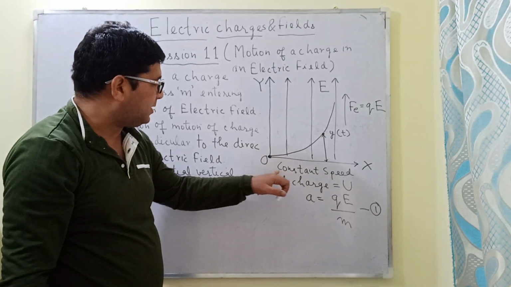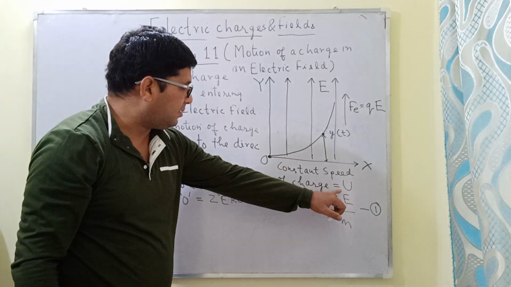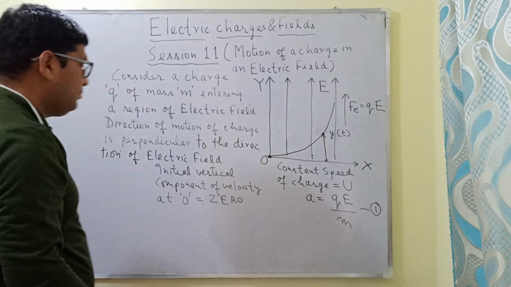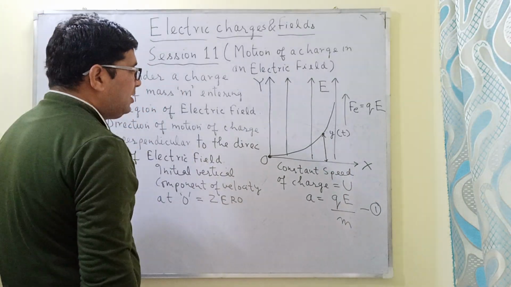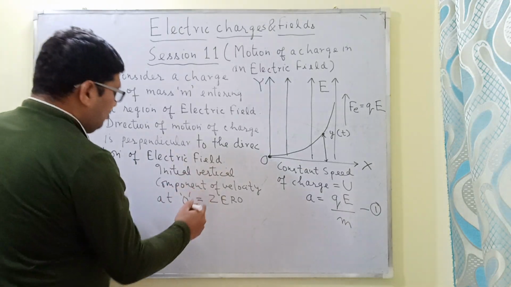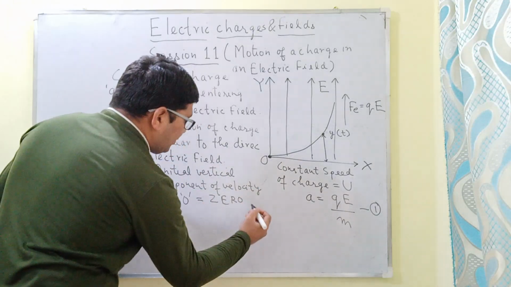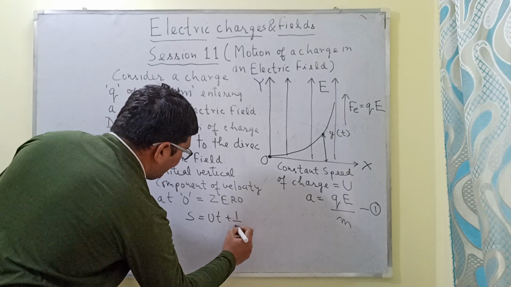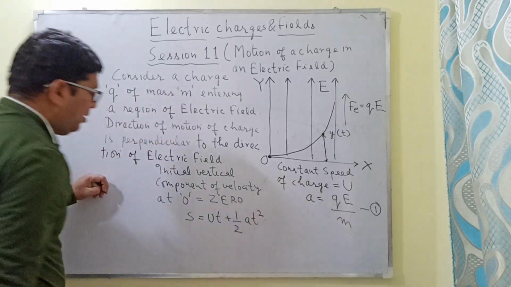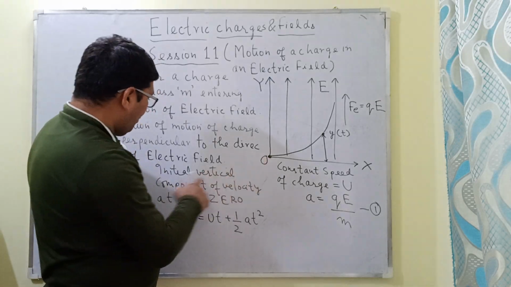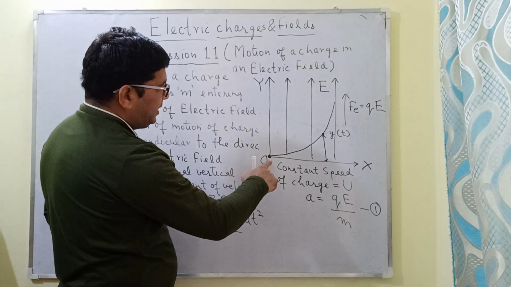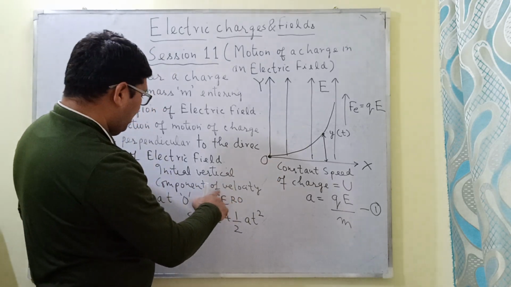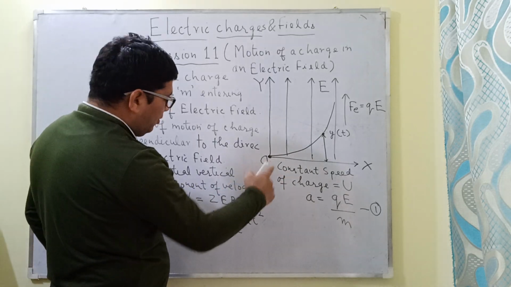The horizontal component, that is, it is moving at a constant speed, is equal to u, and this is the speed in the x direction. So I will now be using the equation of motion. There are three equations of motion, but I will be using the equation which is given by S is equal to ut plus half at square. Now the initial vertical component of velocity of this charge at this point O is 0.